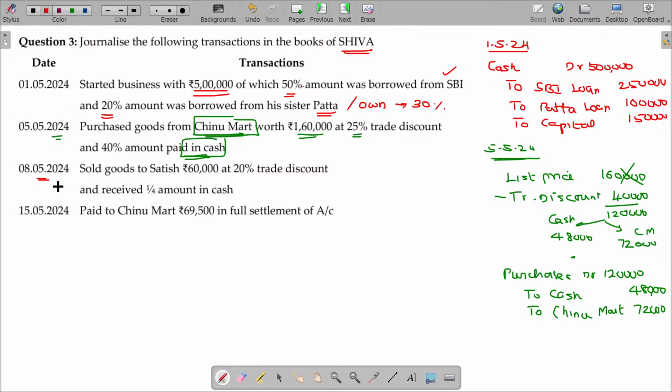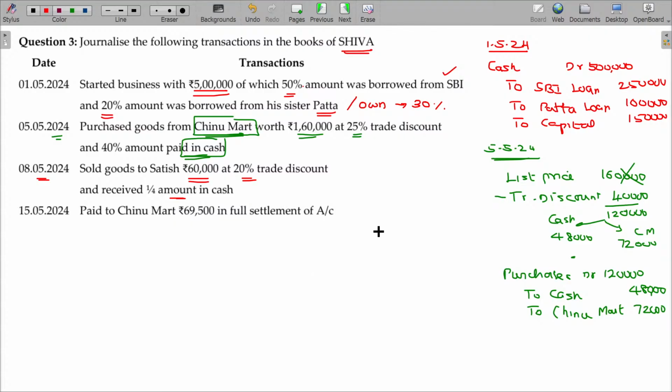Next entry being 8th May, sold goods to Sadish 60,000, 20% trade discount and received half the amount in cash. Okay, it's all about sales. 8/5/2024. The list price in this case being 60,000. 20% trade discount should not be shown anywhere, so it should be removed for valuation purpose, 12,000.